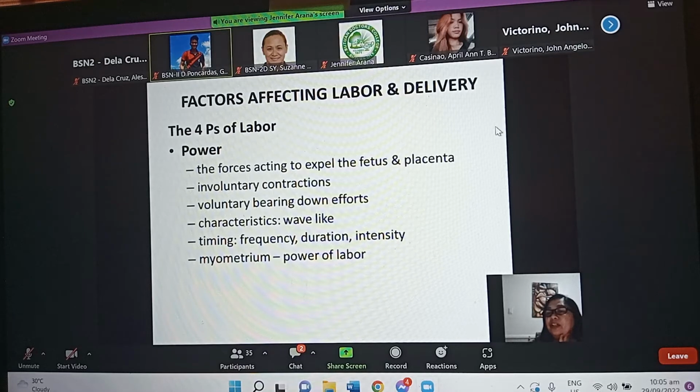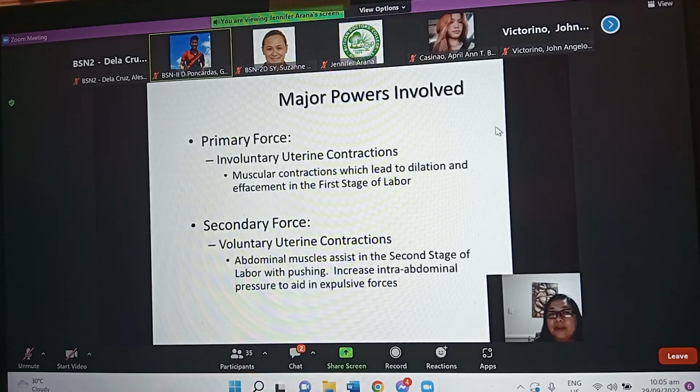So remember that the uterine contraction is the primary force moving the fetus through the maternal pelvis during the first stage of labor. Again, the primary force which moves the fetus through the maternal pelvis during the first stage of labor is the involuntary uterine contraction.